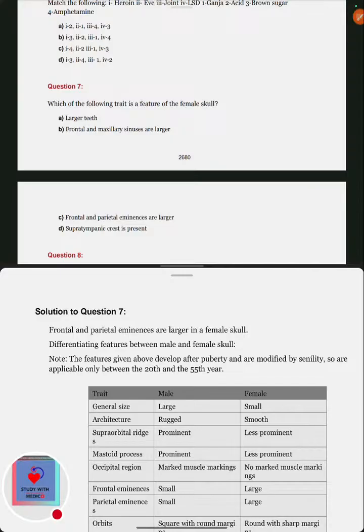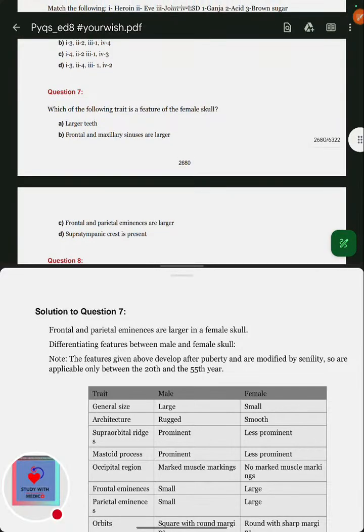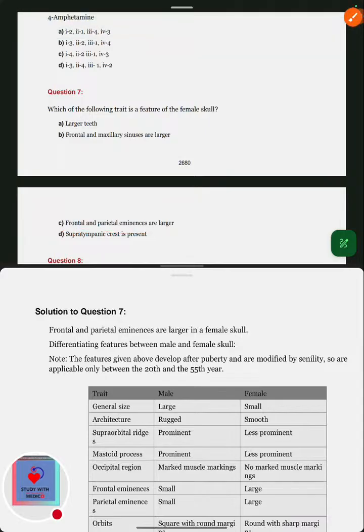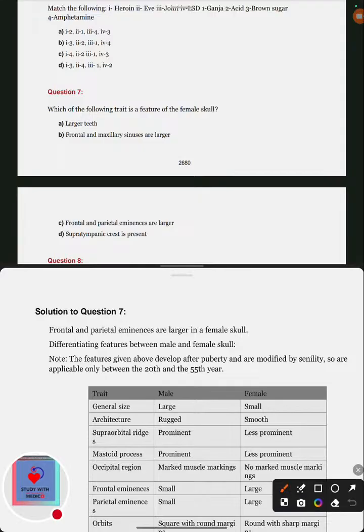Frontal and parietal eminences are larger in females.